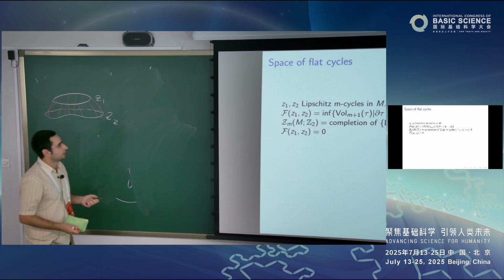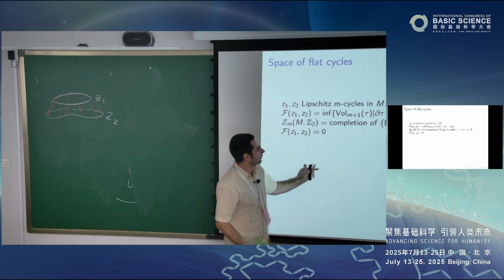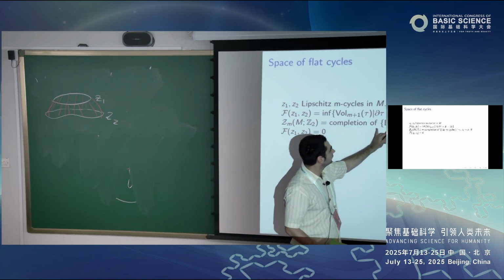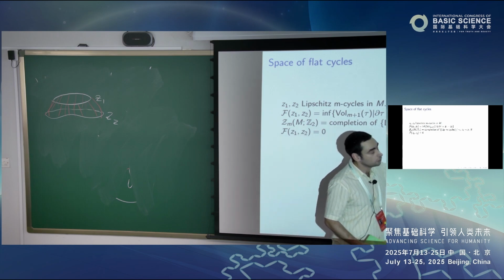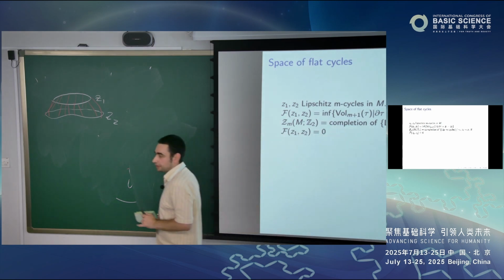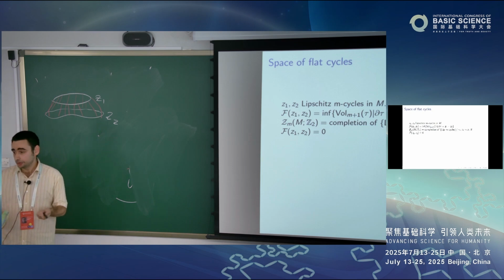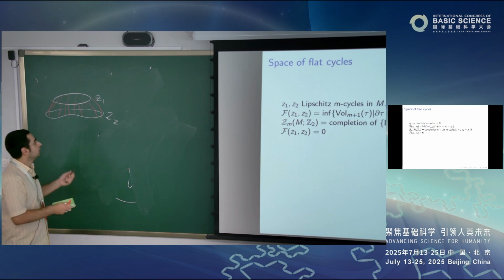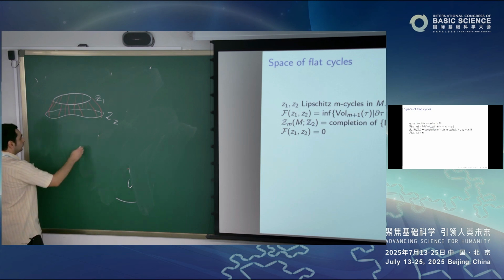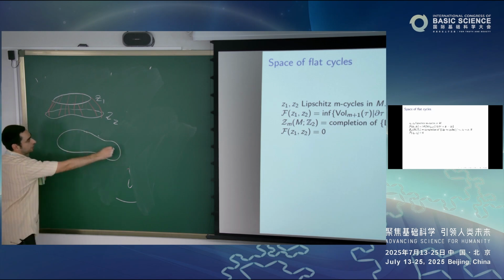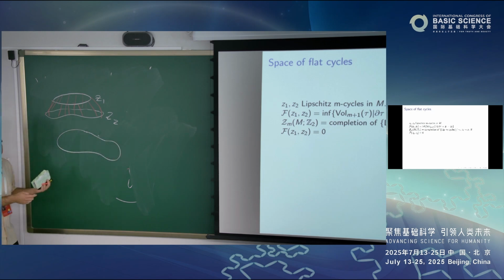And so what you do is you look at the space of such Lipschitz cycles. You mod out by the equivalence relation that if two cycles have zero flat distance between them, you consider them to be the same thing. So in particular, if you have two cycles that are parameterized in a different way, then they're the same thing.